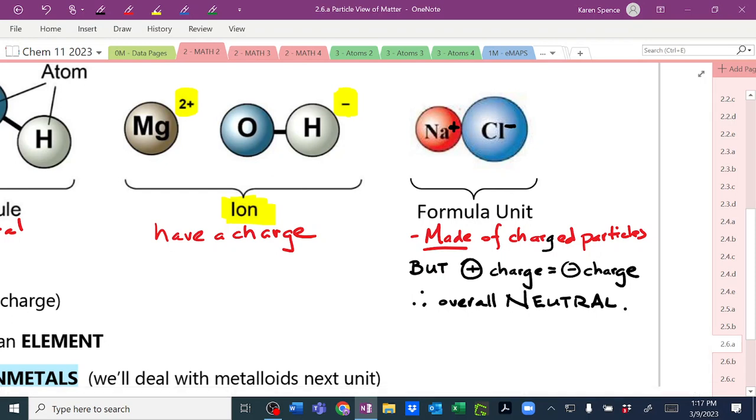Thinking back to Unit 1. What kind of a substance is NaCl? See if you can remember that. Tell your partner, what type of a substance is NaCl?